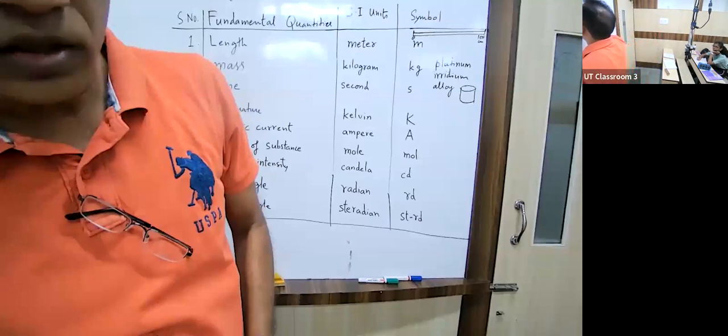It is the distance covered by a body in unit time. Okay? That is, speed equals distance upon time.